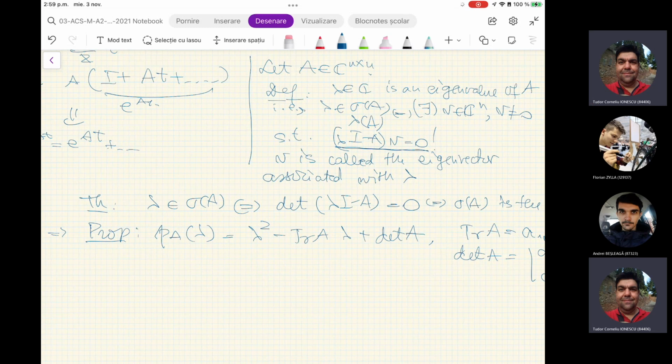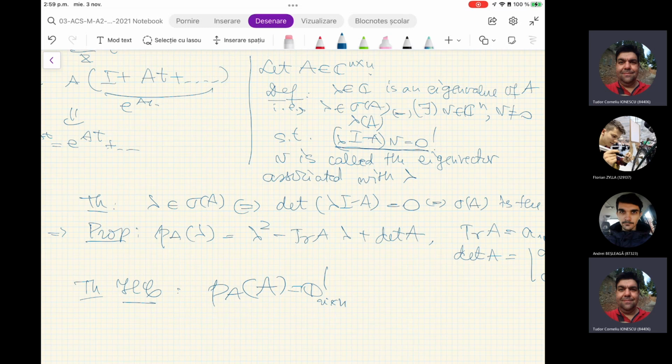Right. What else? Oh, and finally, we have the very nice result, the Hamilton-Cayley theorem, stating that p_A(A) is zero, the n times n zero matrix.